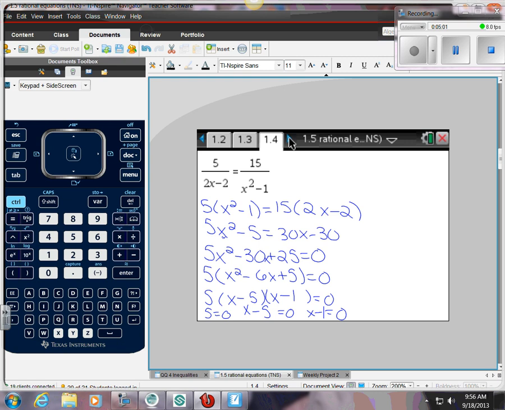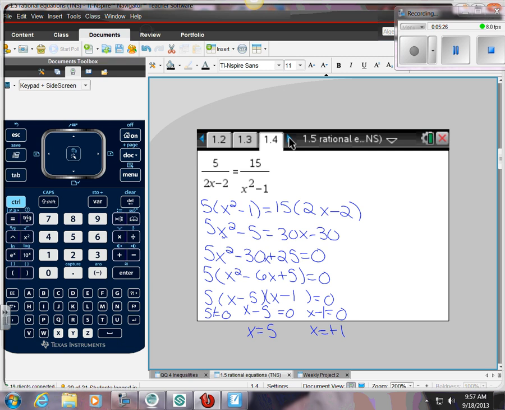And 5 is a factor, isn't it? But is 5 ever going to equal 0? So that gets rejected. We're not even going to worry about that. So we get x to equal 5 and x to equal positive 1.